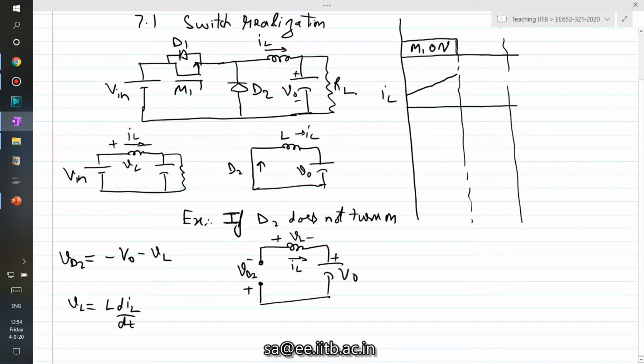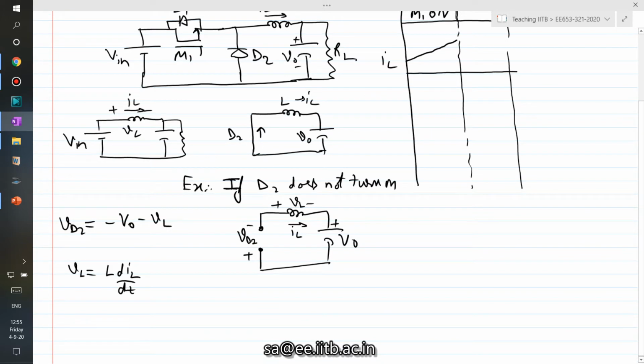Now, because there is no path for the inductor current to flow, the current would go from a finite value to zero very quickly. That means this di/dt term is going to be negative and of large magnitude. If you feed this in here, this full term, because of the double negative, would be a large positive value, and therefore the second term, minus Vo, would be relatively small.